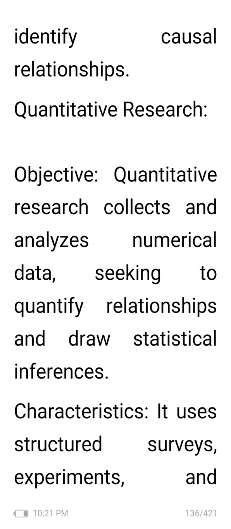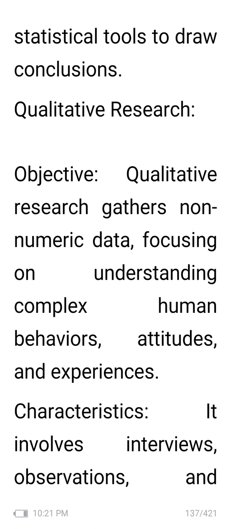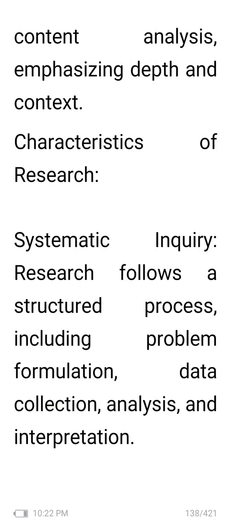Characteristics: It uses structured surveys, experiments, and statistical tools to draw conclusions. Then, qualitative research gathers non numeric data and focuses on understanding complex human behaviors, attitudes, and experiences. Characteristics: It involves interviews, observations, and content analysis, emphasizing depth and context.